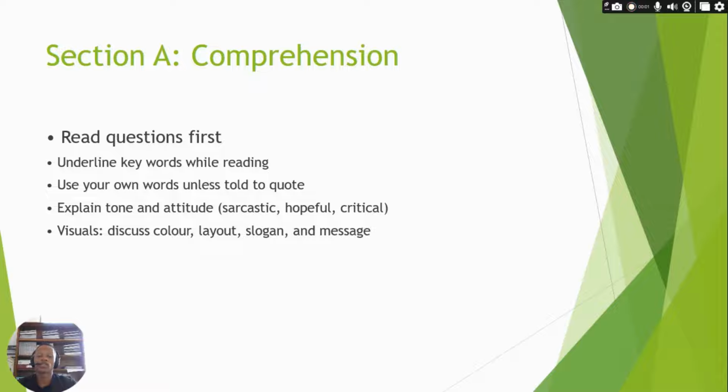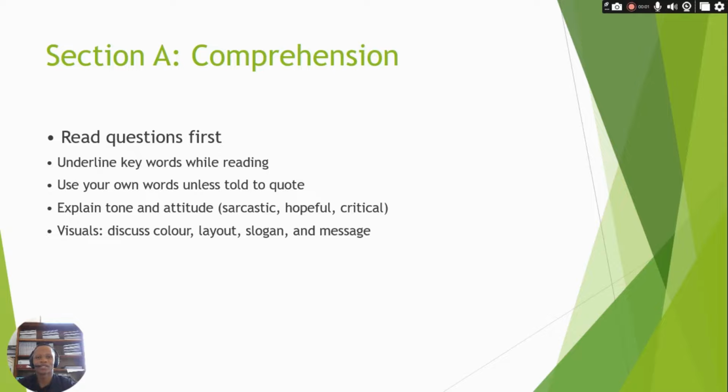So basically, section A is where you read for understanding. All those questions are constructed such that they check your level of understanding. Can you read for understanding? So basically, that's the aim for section A. So the motivation that you should have is the fact that all the answers are in the passage.